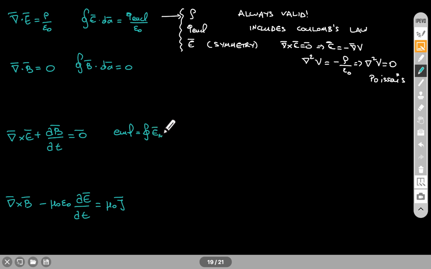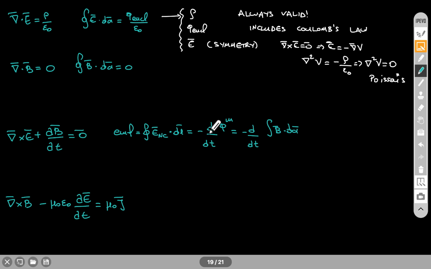The closed path integral of that non-Coulomb electric field dot dl is equal to minus the derivative of the magnetic flux, and we calculate the magnetic flux as the surface integral of B dot dA.